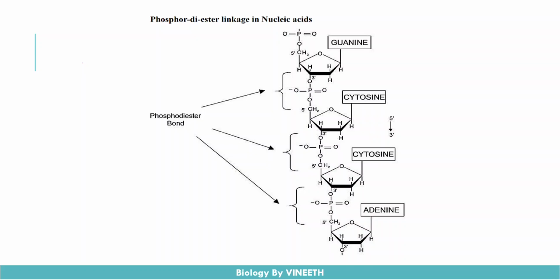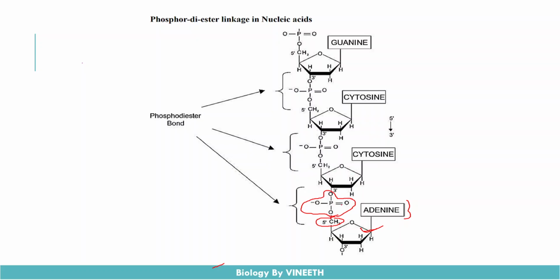So we have here the adenine nucleotide, and we have the pentose sugar over here, which contains a phosphate group. The phosphate group is present on the 5th carbon.